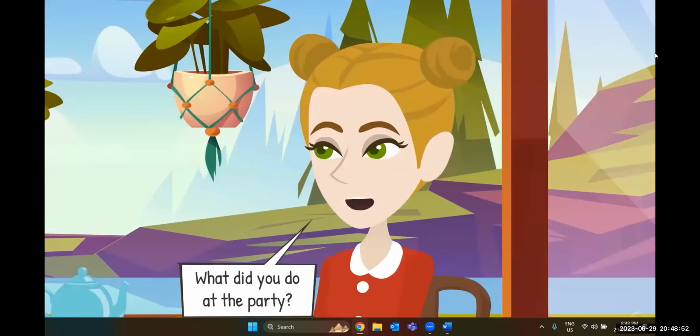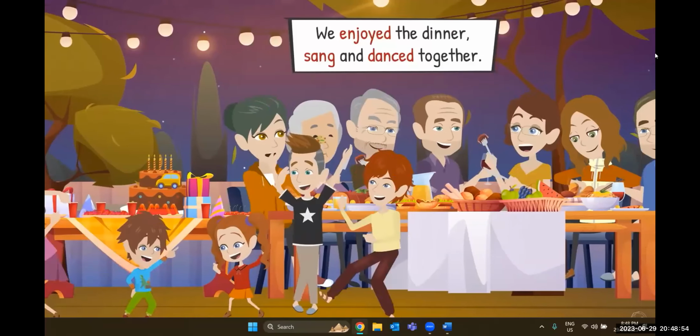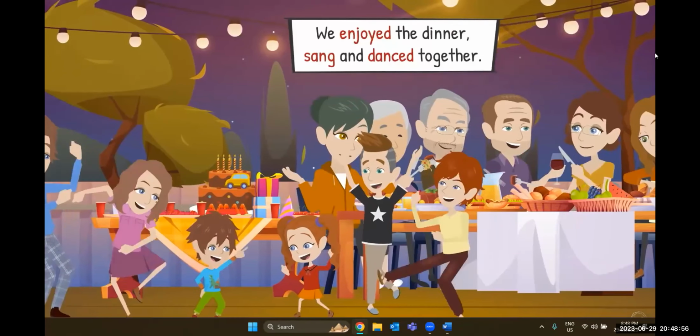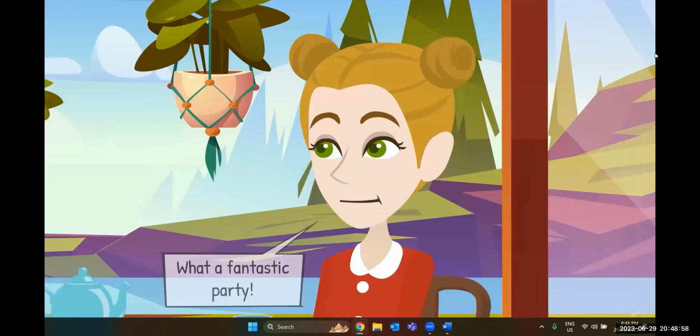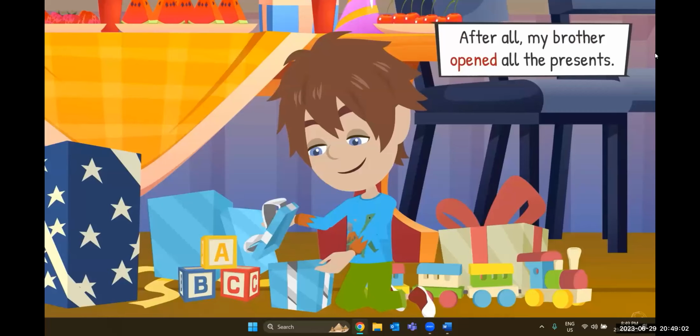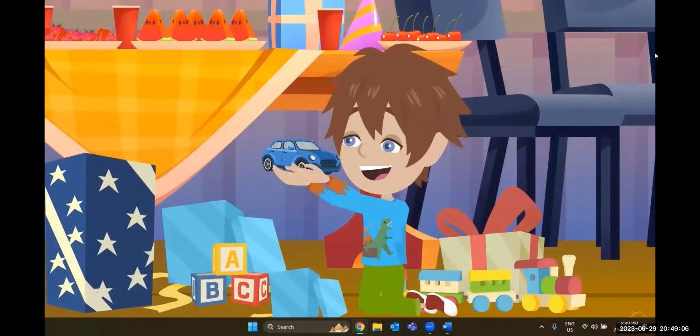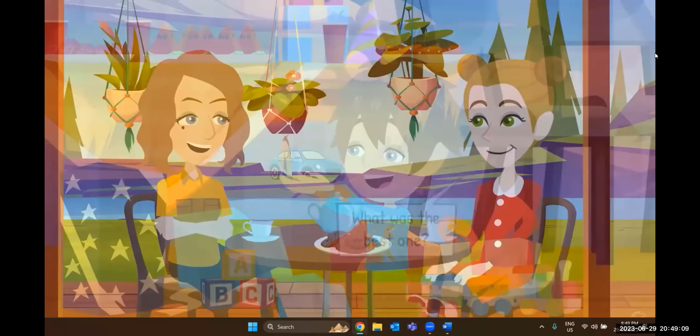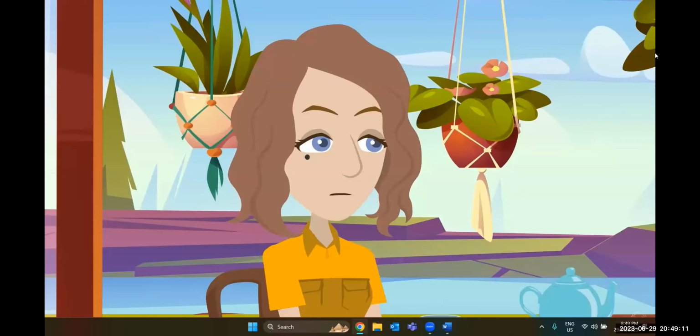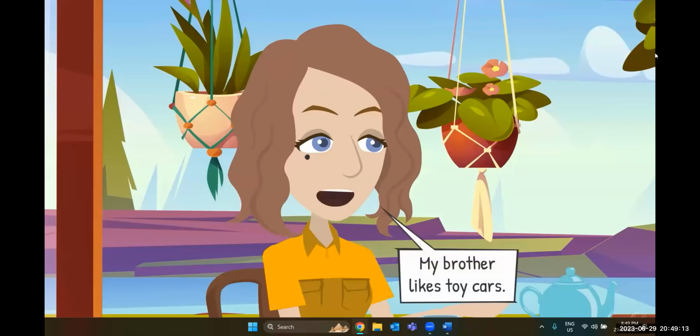What did you do at the party? We enjoyed the dinner, singing, and dancing together. A fantastic party. After all, my brother opened all the presents. It was the best one. My brother liked playing cards.